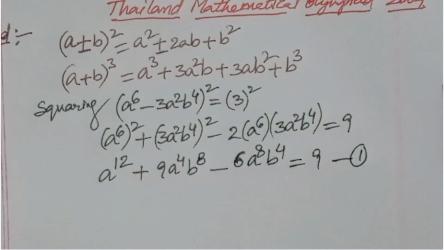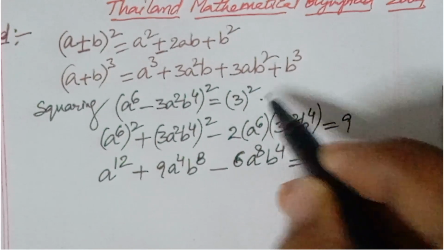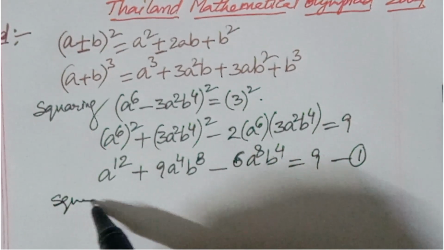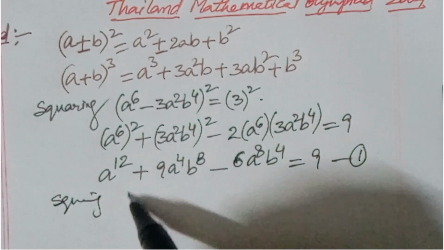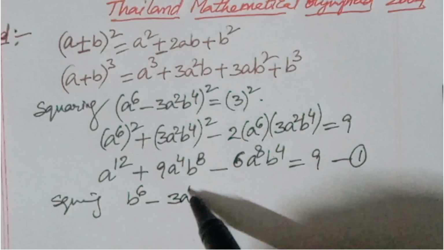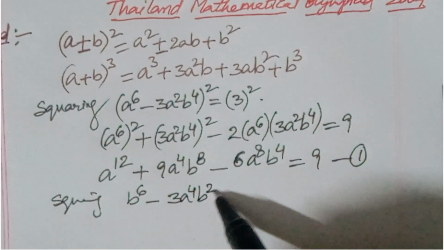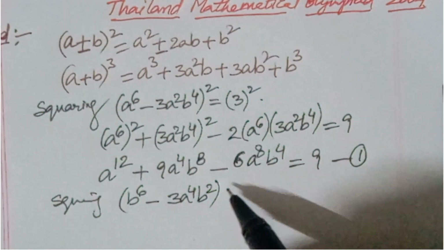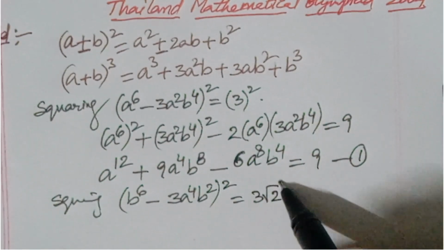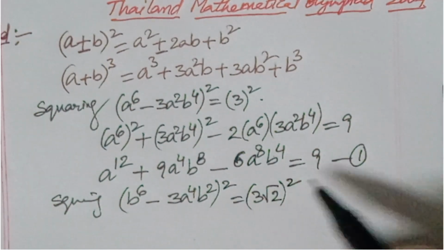Now for the second equation, squaring on both sides: b power 6 minus 3a power 4 b square whole to the power of 2 is equal to 3 root 2 whole square.